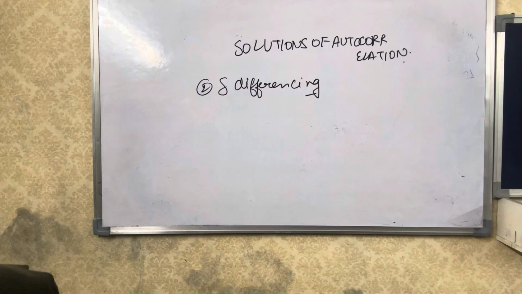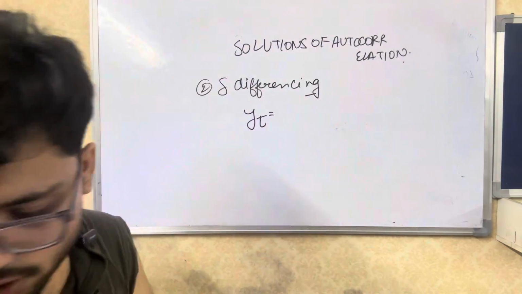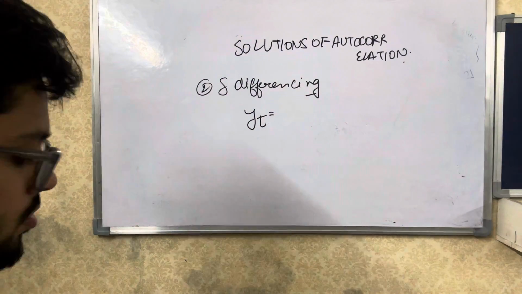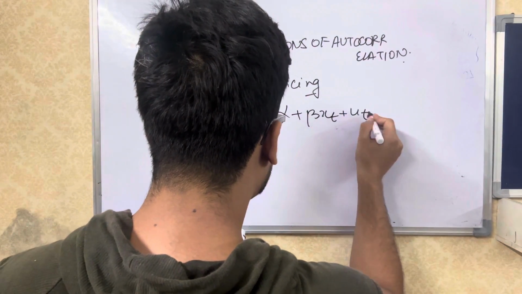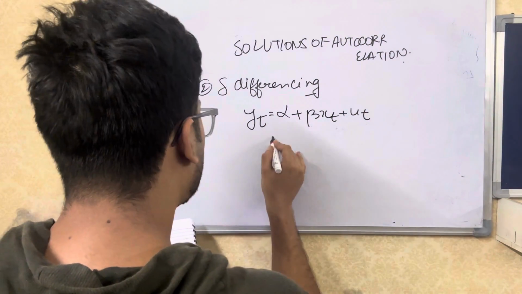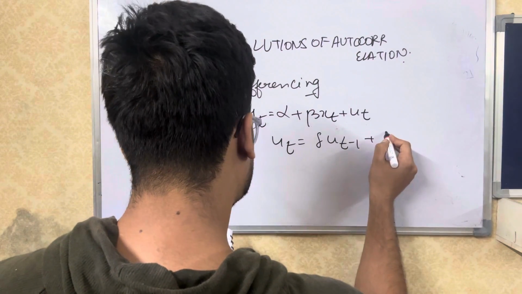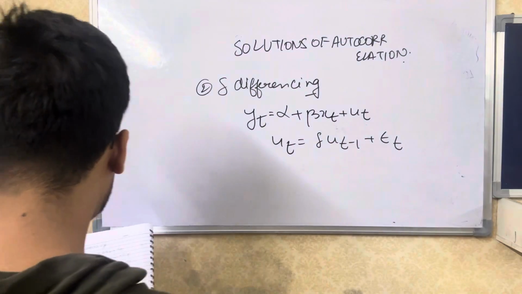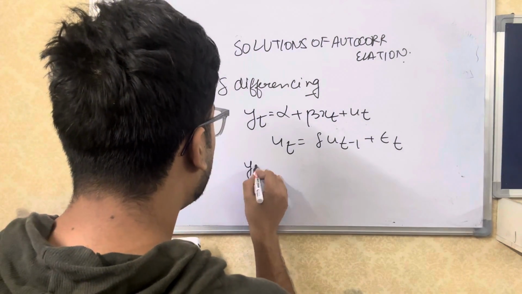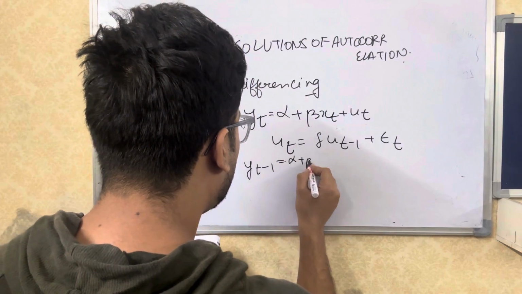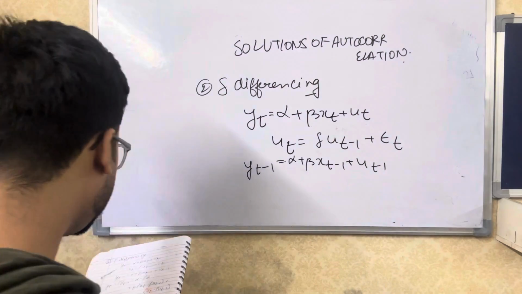Let's say you have a model yt is equal to alpha plus beta xt plus mu t, where mu t is correlated with mu t minus 1 like this, and yt minus 1 is equal to alpha plus beta xt minus 1 plus mu t minus 1.